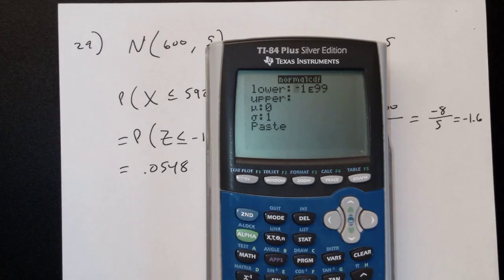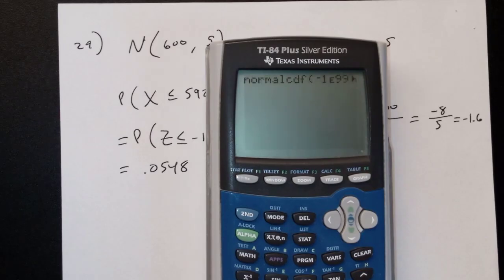You'll notice it's by default set to a standard deviation of 1 and a mean of 0. It's by default set to the standard normal. If you've used something else in here previously, that's fine. I'm going to go from minus infinity up to negative 1.6 and ask it to do this distribution. 0.0548, rounding to the same number of decimal places, right?